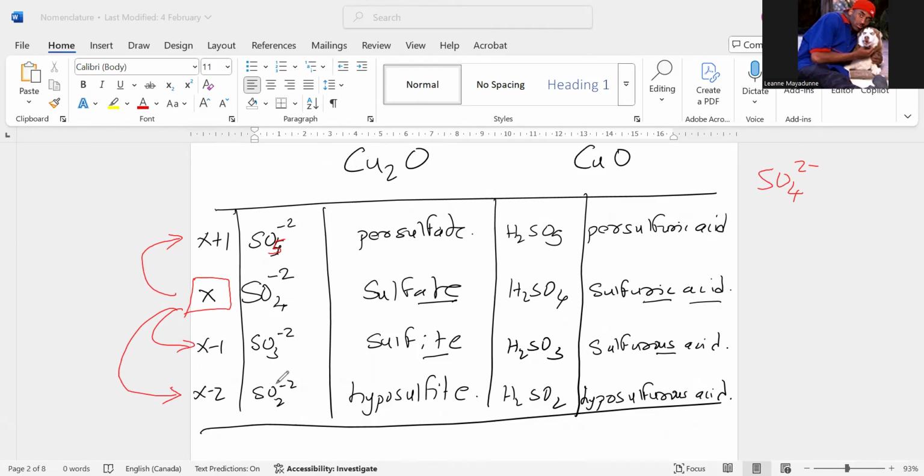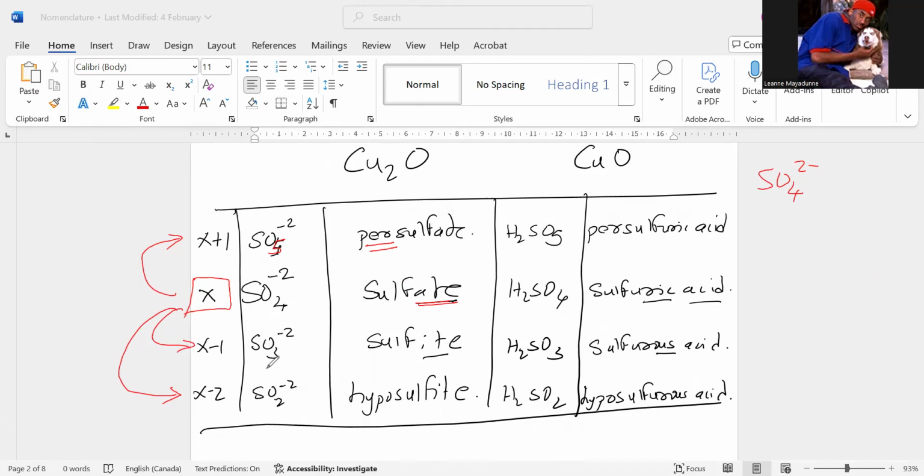If you have one oxygen more, you add the term per before the ate. Since it is a sulfate, it will be persulfate. If it is phosphate, perphosphate. If it is chlorate, perchlorate.